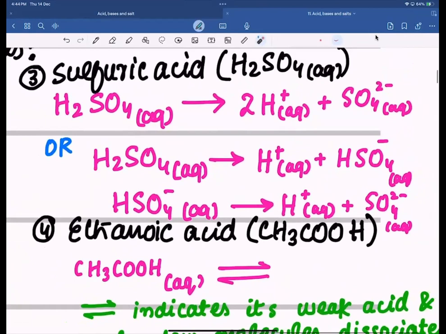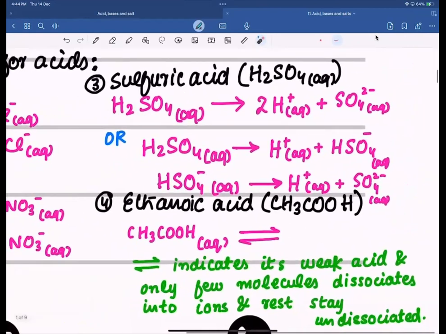Okay. Now have a look at the next equation. In ethanoic acid, how many hydrogens are you observing? Four, right? But if you see, all those four hydrogens are not bonded to the same thing.